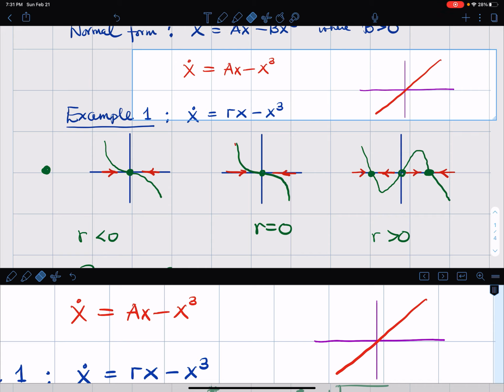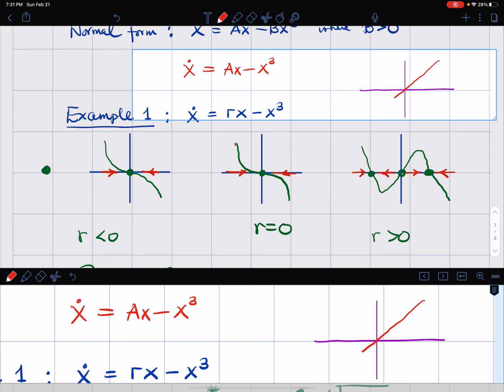Sorry, let me do it this way. For r less than 0, if we didn't have x cubed, that's what we get. And if we didn't have x cubed, for r greater than 0, we will just get this.